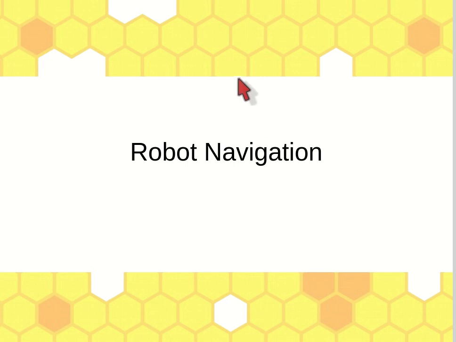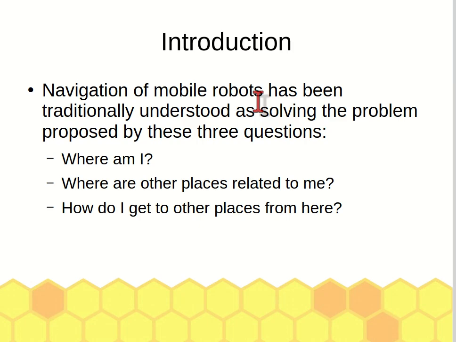Okay, this is topic 8, robot navigation. The main aim in robot navigation is to answer these three questions. Where am I? Where are other places related to me, and how do I get to other places from here?